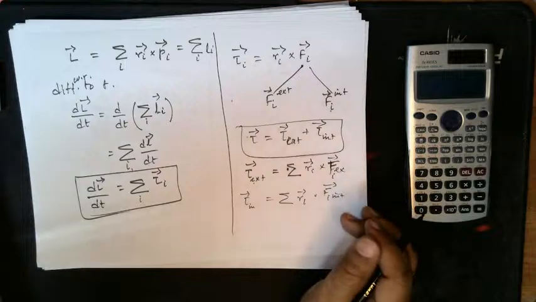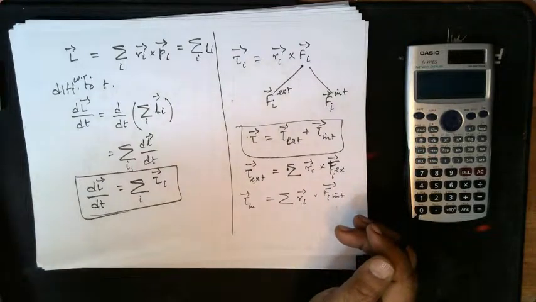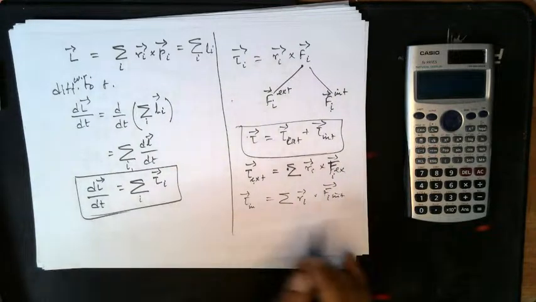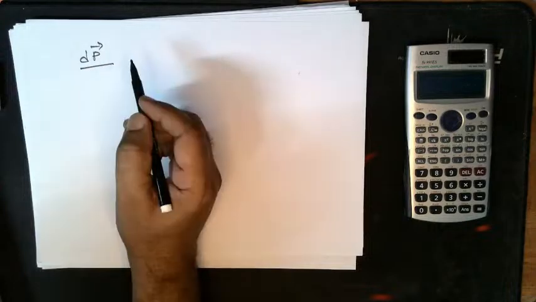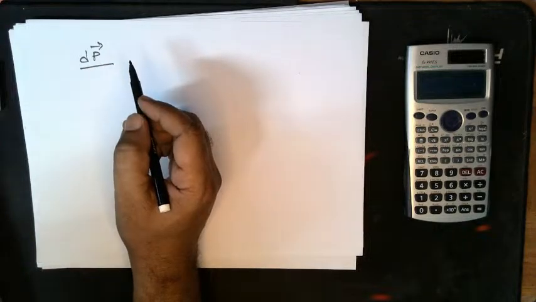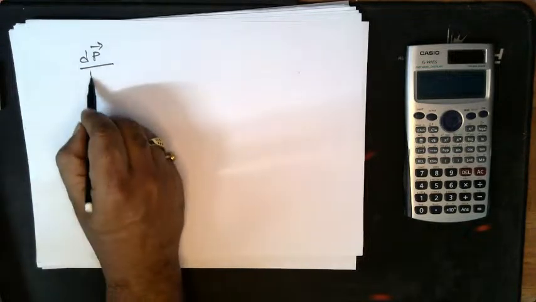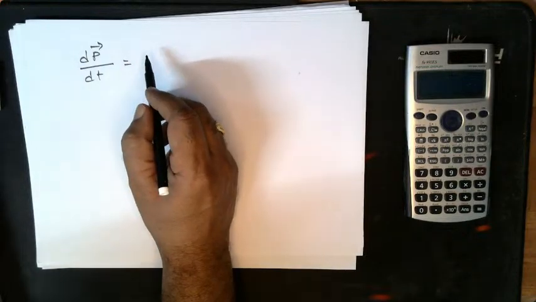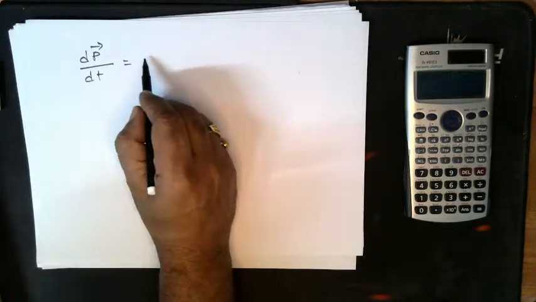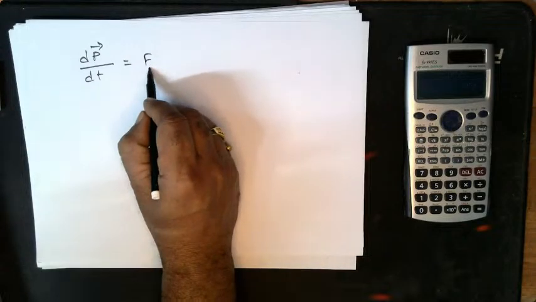Therefore, we can finalize this as dP by dt. What is this dP? Change in linear momentum, divided by dt, is given by the force vector F, that is nothing but F is equal to ma. In this case, external.